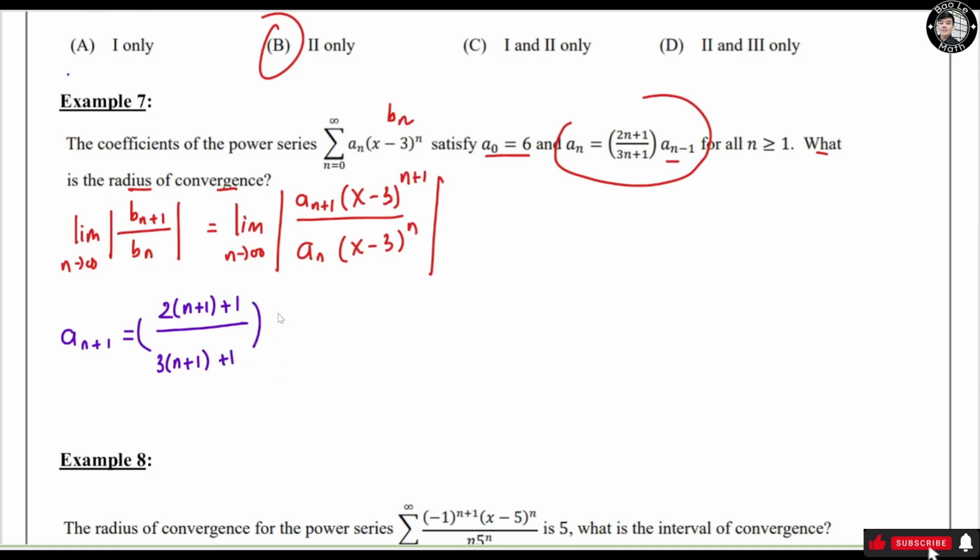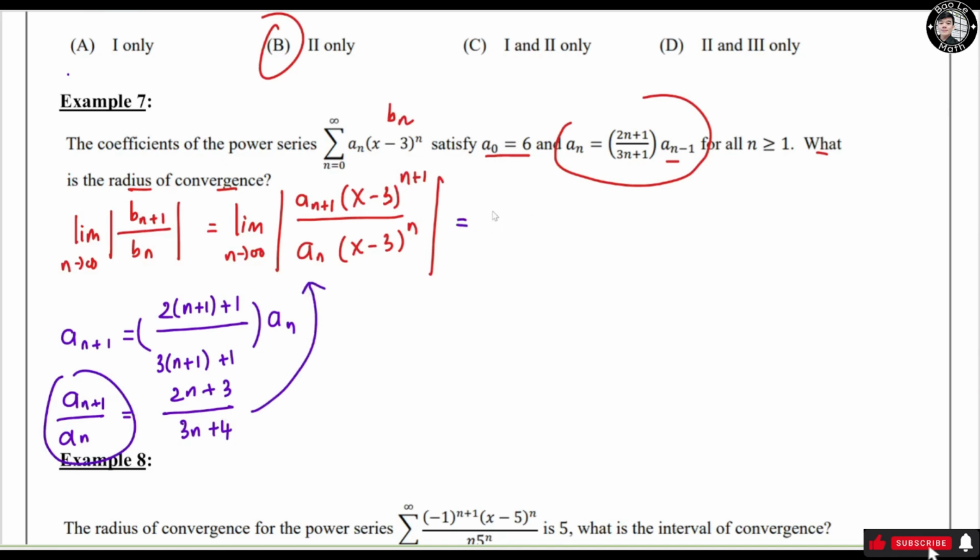Times a sub n, right? Now divide both sides by a sub n and simplify the 1 right here. So it's going to be a sub n plus 1 over a sub n equals 2n plus 3 over 3n plus 4, right? So I'm going to substitute this ratio back over here, right?